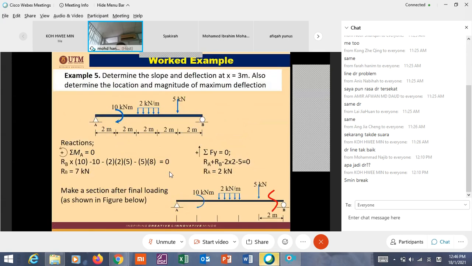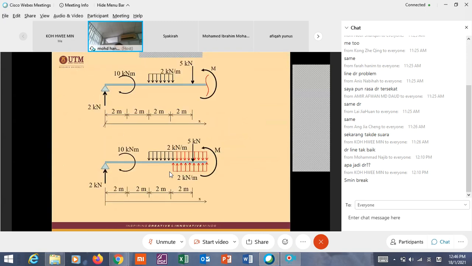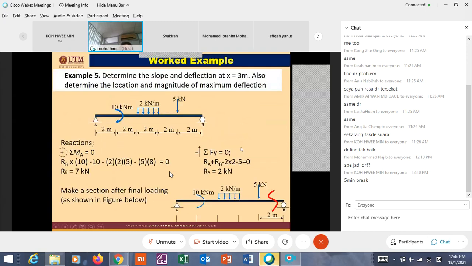Another example of using Macaulay method here. Determine the slope and deflection at x equal to 3 meter. Determine the location and magnitude of maximum deflection.